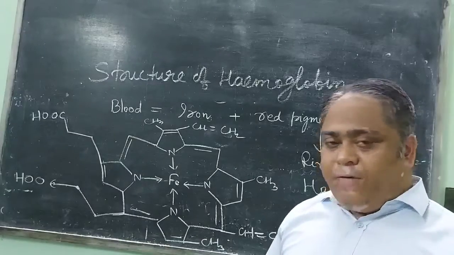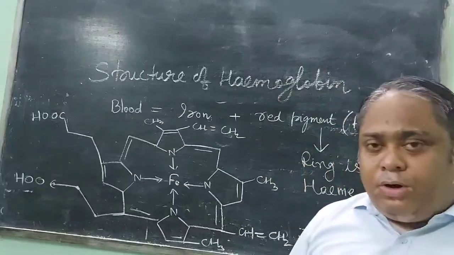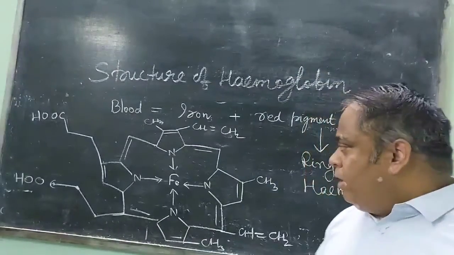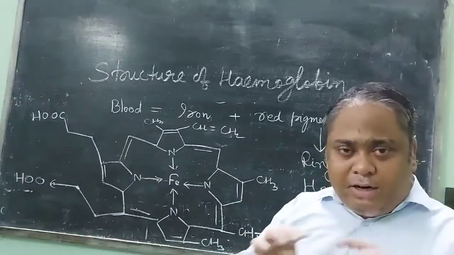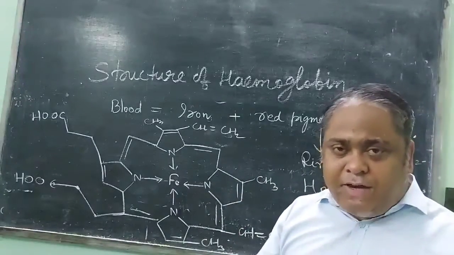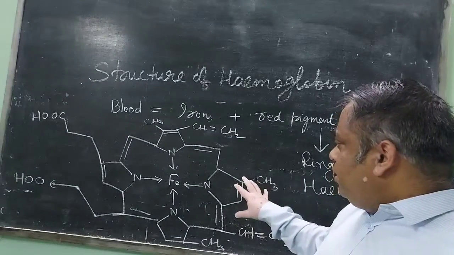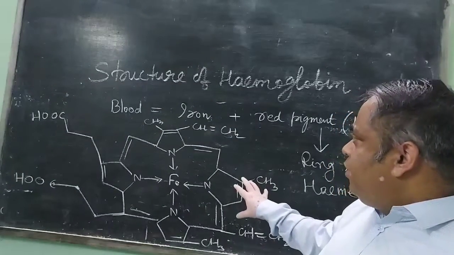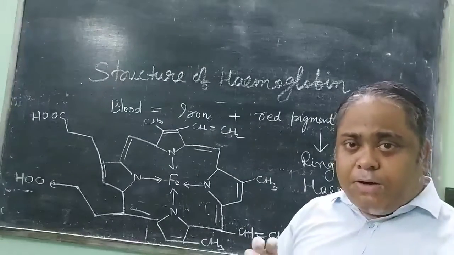Nowadays you are in the age of internet, you can definitely find out. All that is not there in your book, but I am telling you a little more extra so that you have a clear understanding, and if you understand more than what is given, then you will remember more. So, this is the structure of hemoglobin I have drawn for you. You find out the structure of chlorophyll.